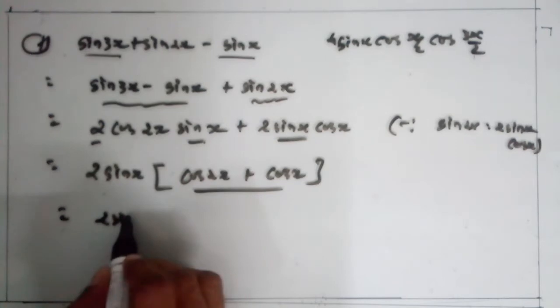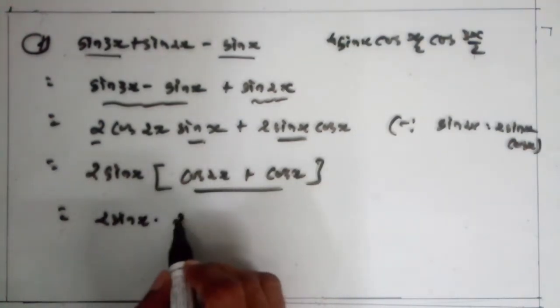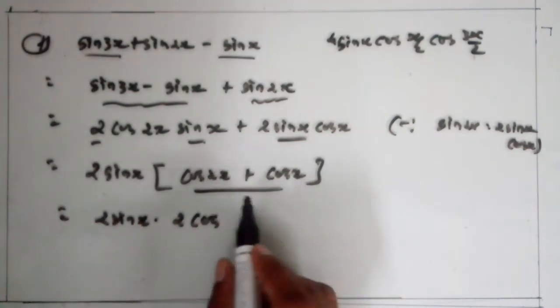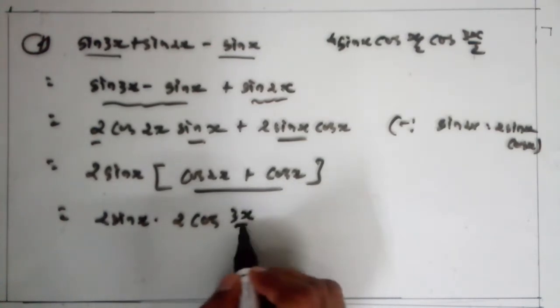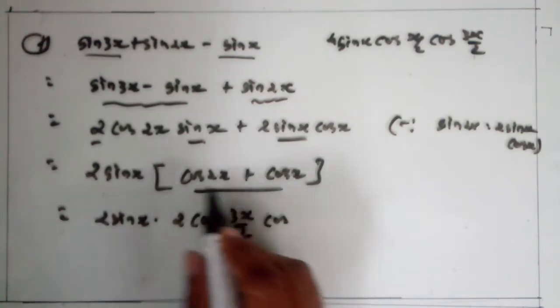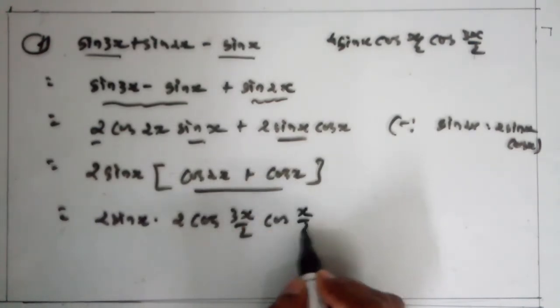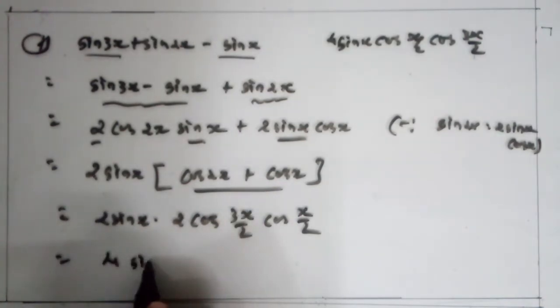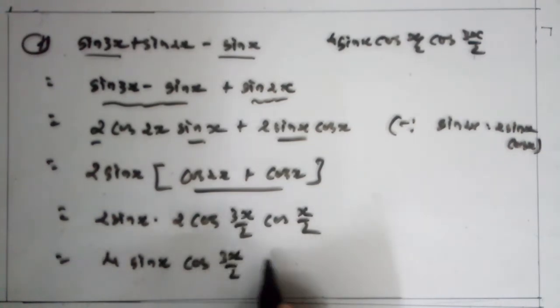So 2 sin x into cos plus cos is equal to 2 cos, take addition of these 2 by 2, 2x plus x, 3x upon 2, into cos, subtraction of these 2, 2x minus x, x upon 2. Clear this? So 2 into 2 becomes 4 sin x into cos 3x upon 2 into cos x upon 2.